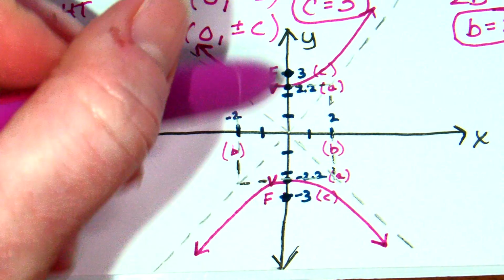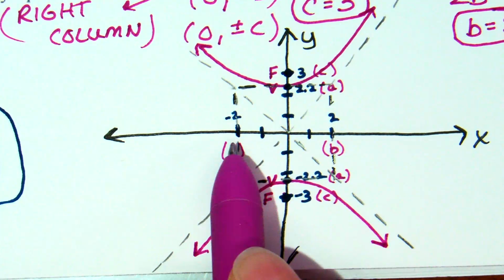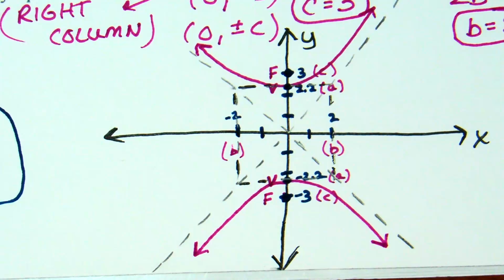The conjugate axis is the perpendicular axis that my B values are on. That is your conjugate axis. So it's not from foci to foci? Not the conjugate axis. The conjugate is 2B. It goes perpendicular to 2A.